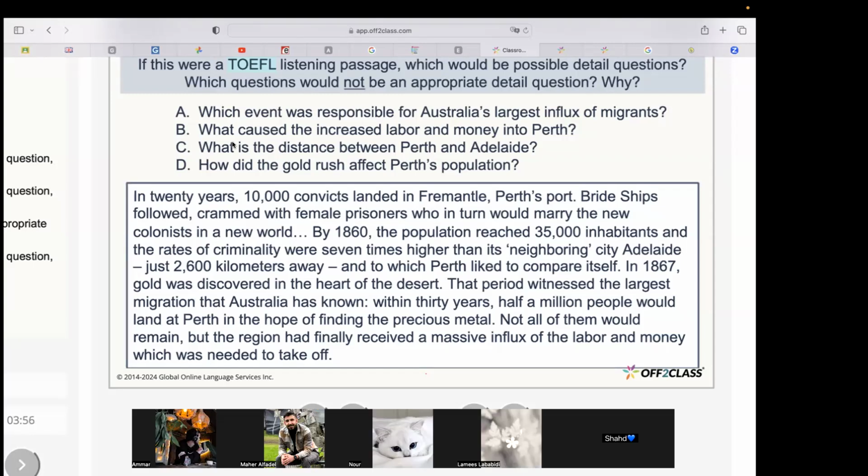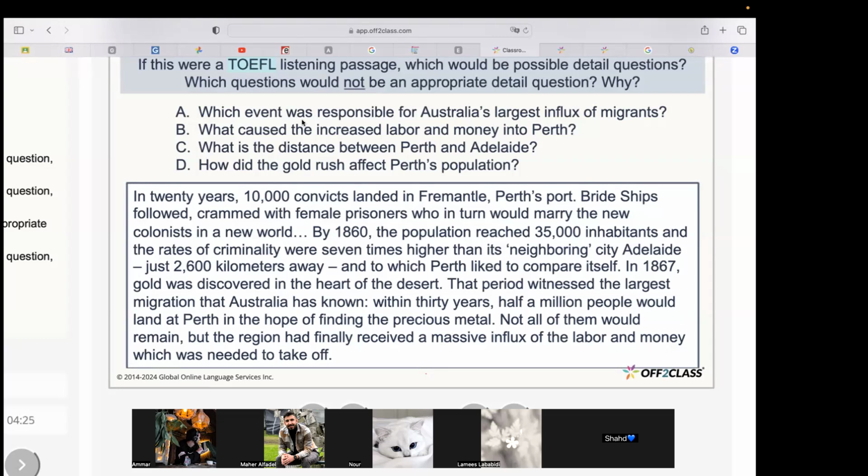No. We're talking about how the gold rush affected Perth's population. Because of the gold rush, what happened to the population in Perth? Okay, 500,000 people would land at Perth. Would all of them remain? No, not all of them. They received a massive influx of labor and money which was needed to take off.